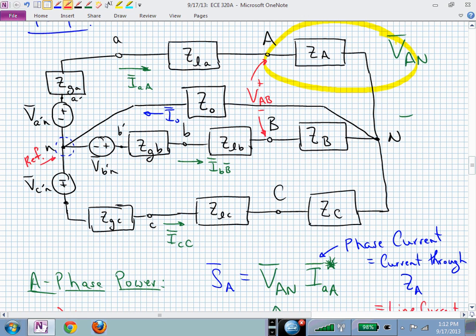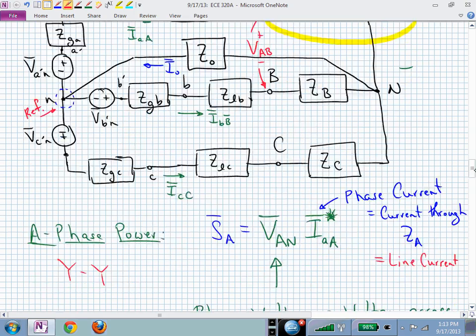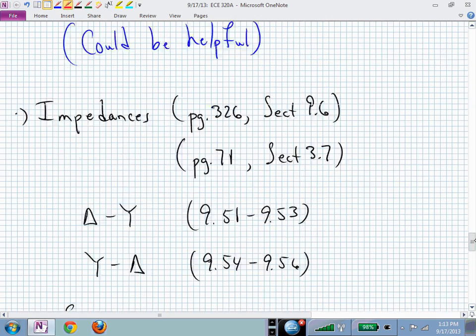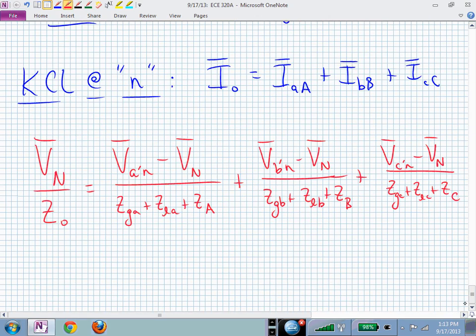And now we have 4 voltages to worry about relative to that reference node, little n. Does that help? We are distinguishing right now between little n and capital N. And we ended up with this equation. There is our KCL equation for this YY configuration in a 3-phase circuit.